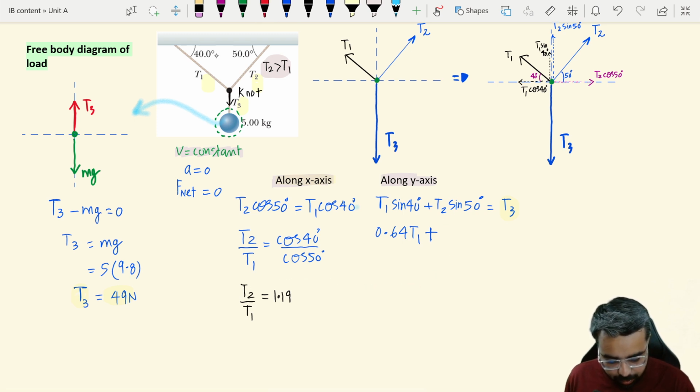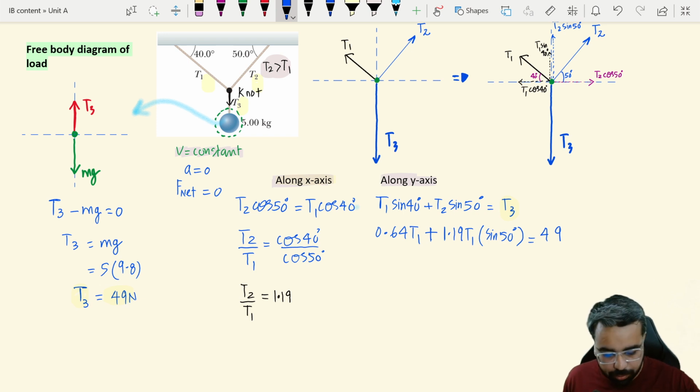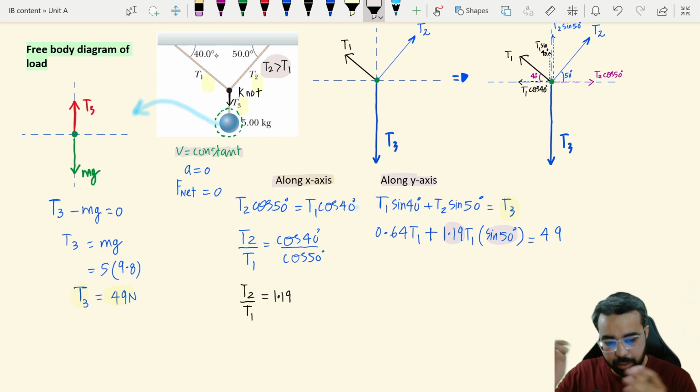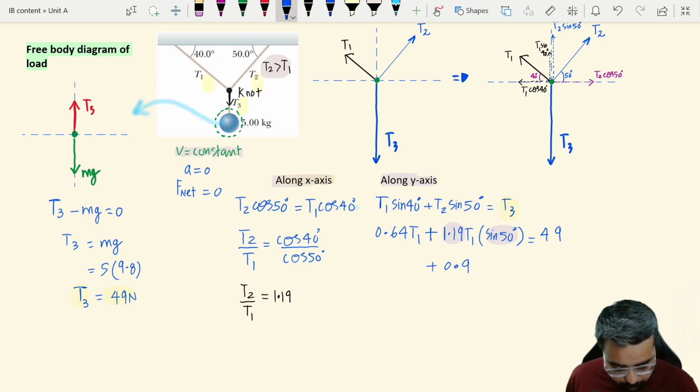So it should be 1.19 T1 into sin 50 degrees, equal to 49. We have to simply solve this algebraic equation, and you see here this is 1.19 and sin 50; if you multiply it, it becomes 0.91. Okay, 0.91 T1, and here we already have 0.64 T1, equal to 49.